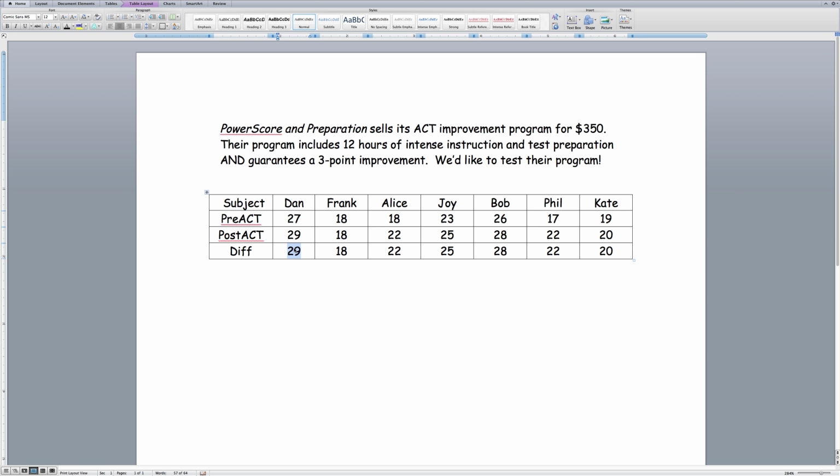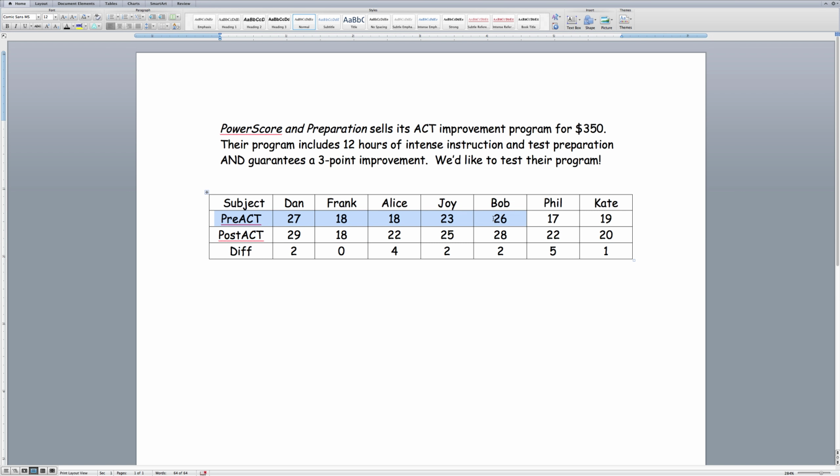Alright, so the first difference, Dan improved his score by 2 points. Frank improved his score 0 points. Alice improved 4 points. Joy improved 2. Bob improved 2. Phil improved 5, good for Phil. And Kate improved 1.